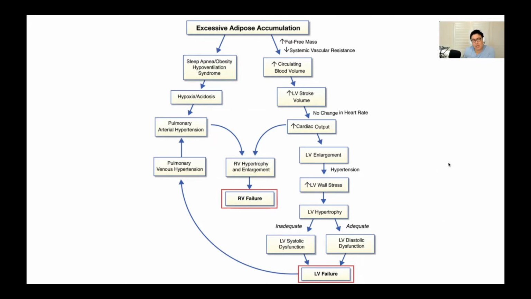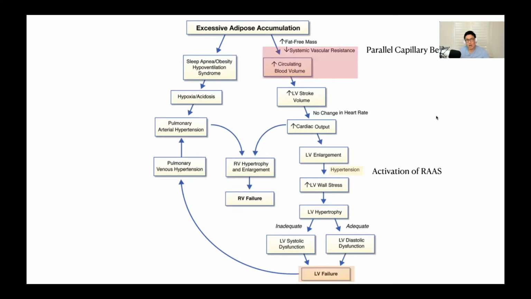For me, the way that I thought about this was I had to get to 2 points here. I had to get to left ventricular failure, and I had to get to RV failure. So the way that I thought about this systematically was what were the key conditions required to lead to left ventricular failure? And then what were the key conditions that would lead to right ventricular failure?